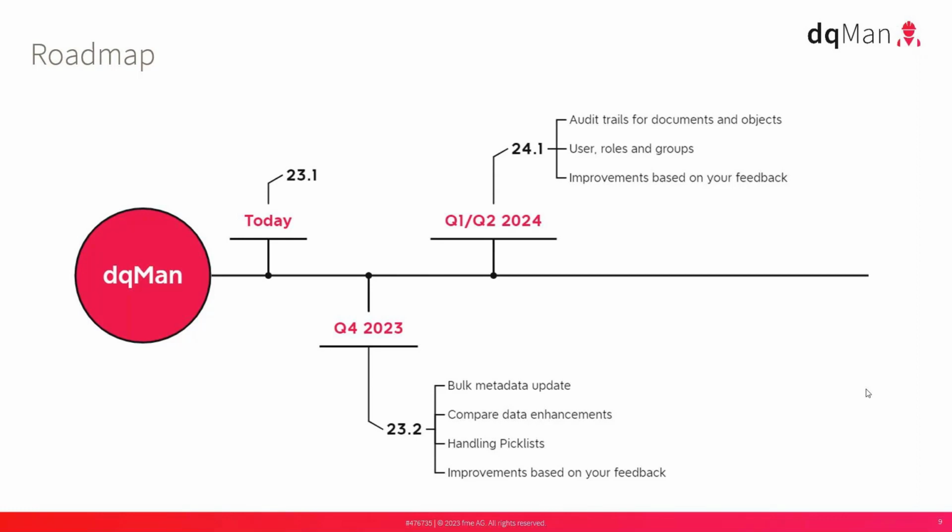Between Q1 and Q2 next year, we plan to release another version where we provide audit trail functionality for documents and objects. Basically, an easy way to find and export the audit trails.